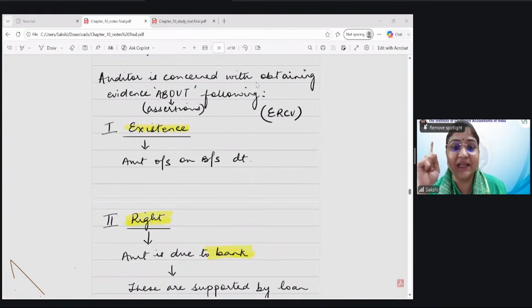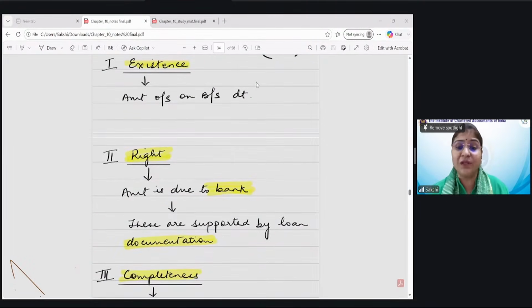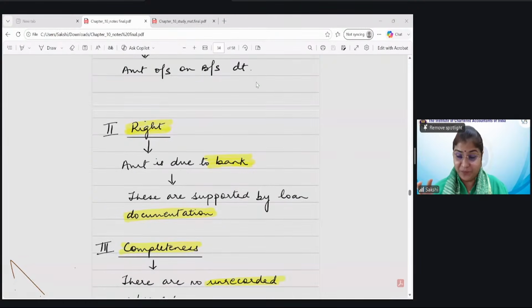Then the amount is due to the bank, meaning the bank holds it in the bank's name, supported by the loan documentation, that the amount is actually due to the bank. You go through the documents and see that this much amount is due to the bank.